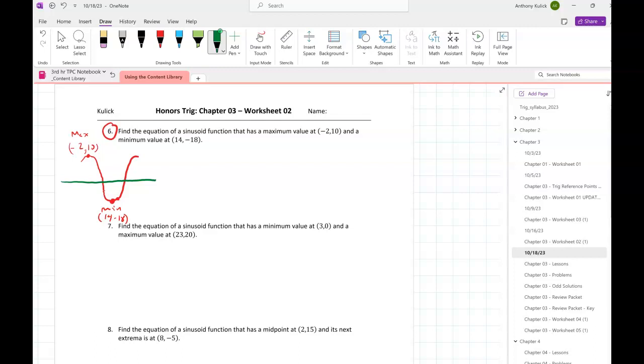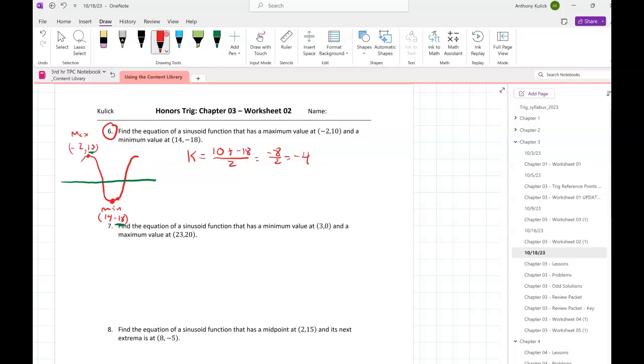The midline should be somewhere around there, right? Halfway in between negative 18 and positive 10. What number is halfway in between? 10 plus negative 18 is negative 8, divided by 2 is negative 4.